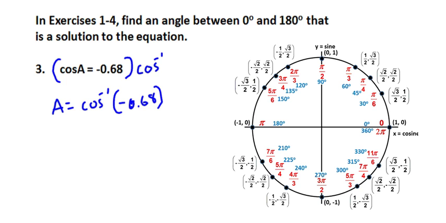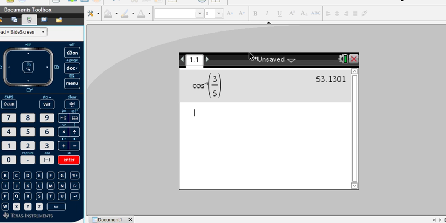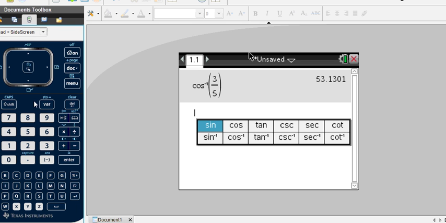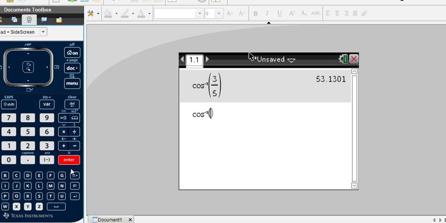And we go to our calculator, cosine -1 of -0.68. And we get 132.844 degrees.